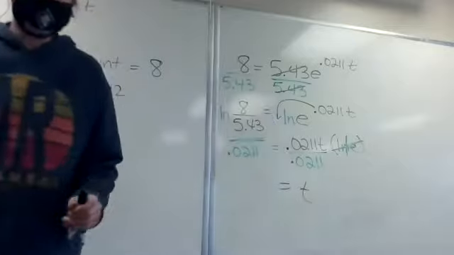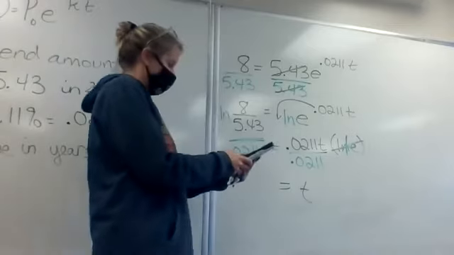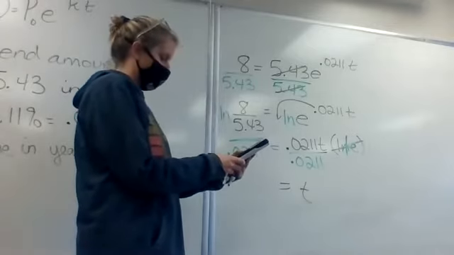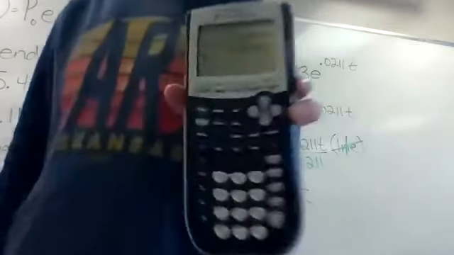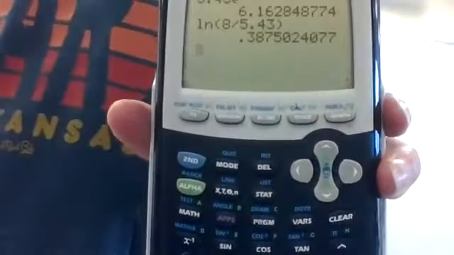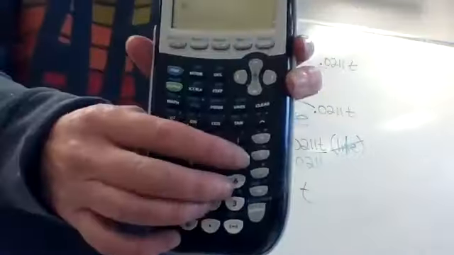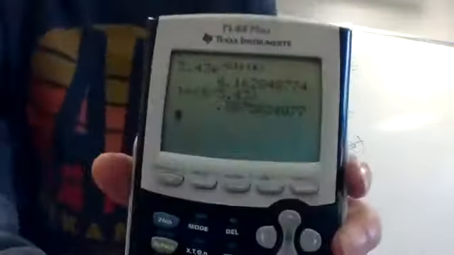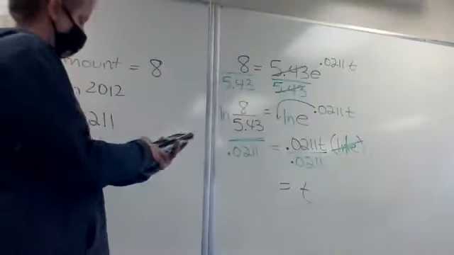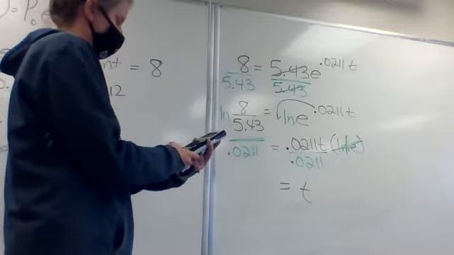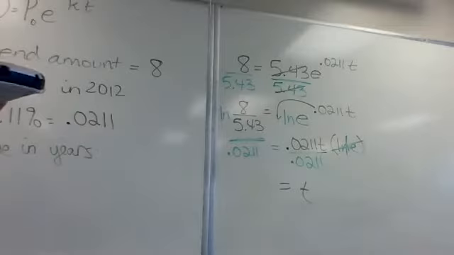And then this is calculator work. I'm going to do ln 8 divided by 5.43, close it, and hit enter. And then just hit divided by again 0.0211, and round it to the nearest 1 decimal place.